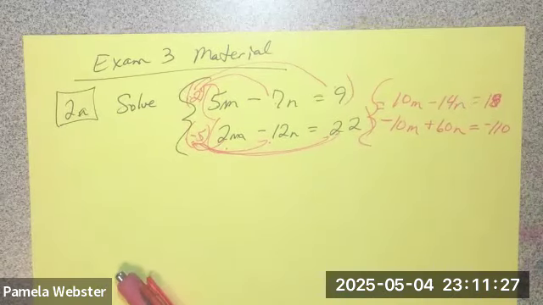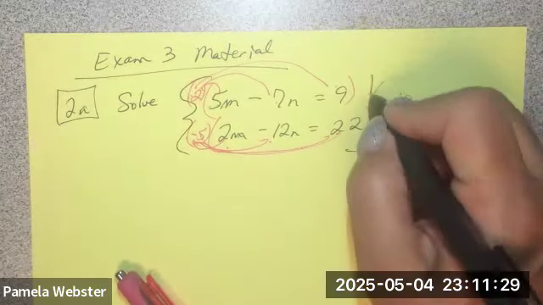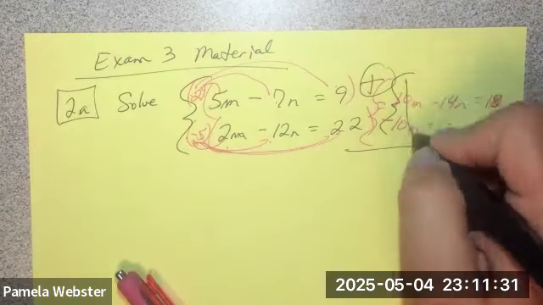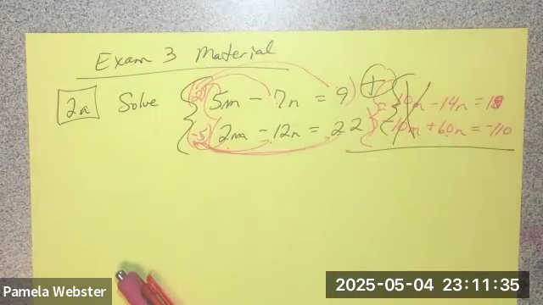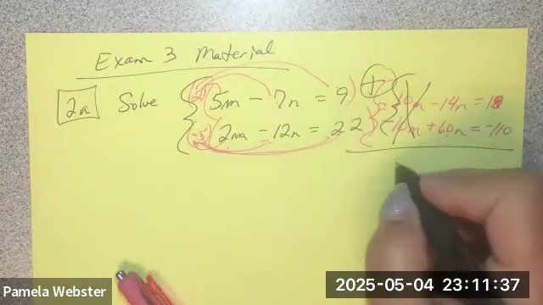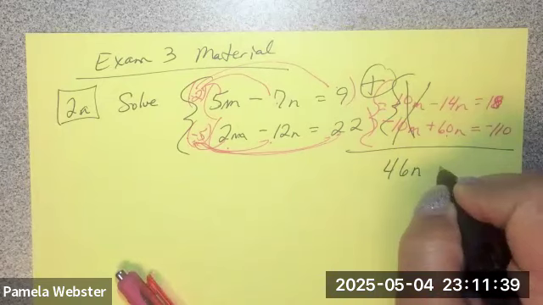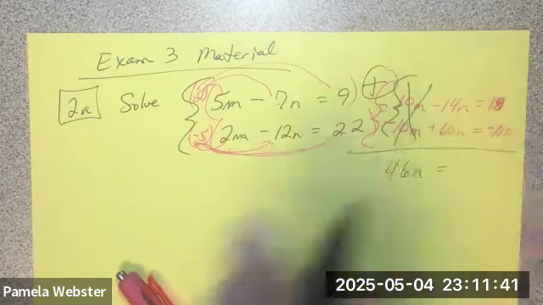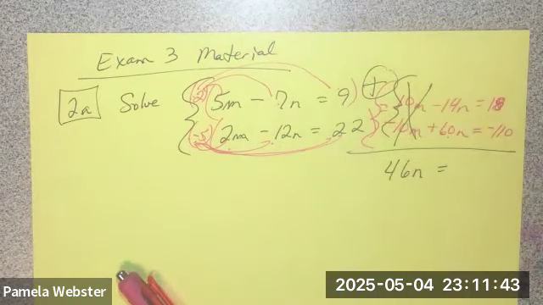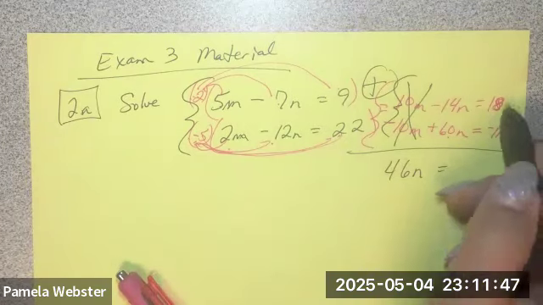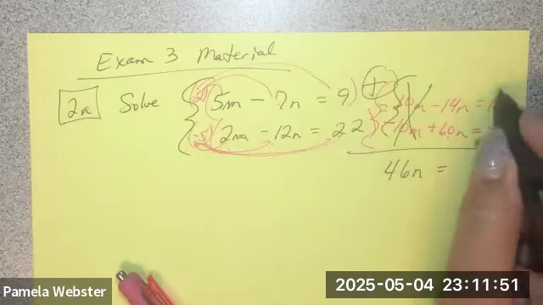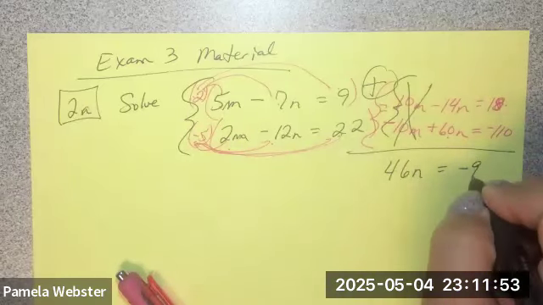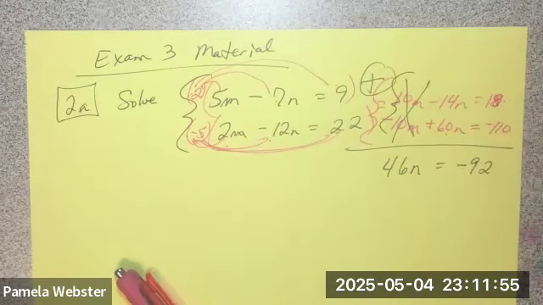And this sets me up well for eliminating. I'm going to add these two equations. The 10m's go away. 60 minus 14, I don't know what that is. 46n. And be careful here. It's negative 110 plus this 18. And so remember that you subtract and take the sign of the bigger one.